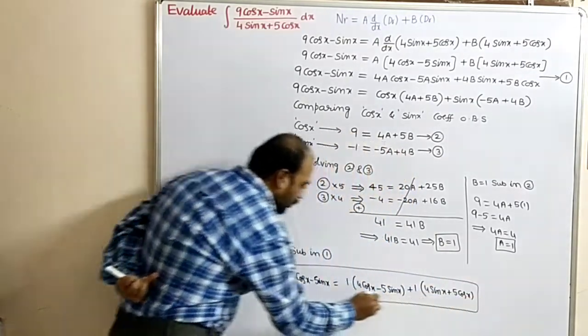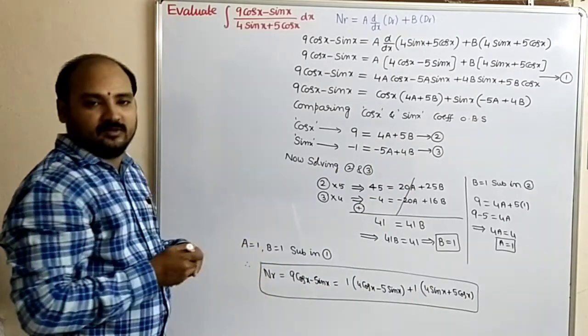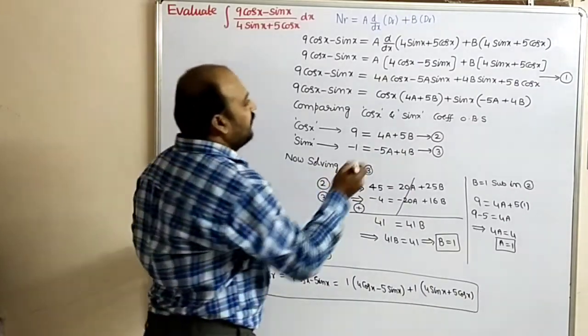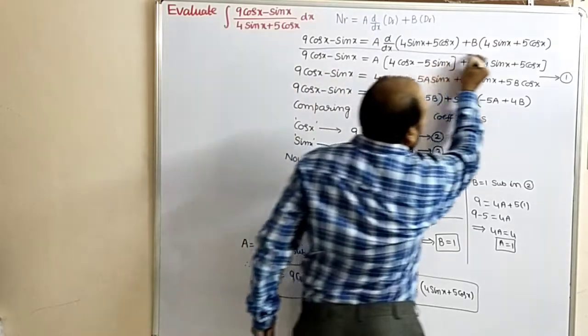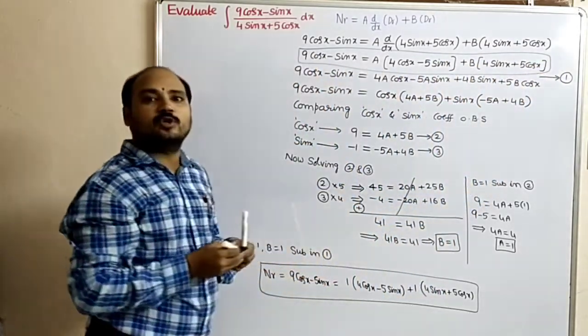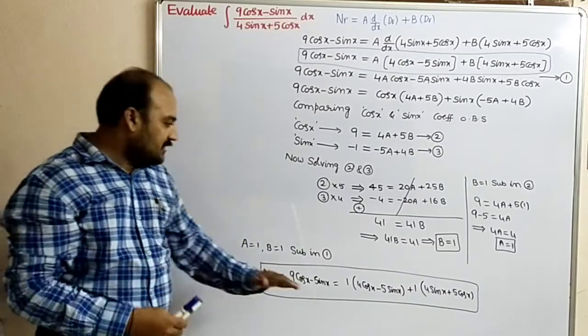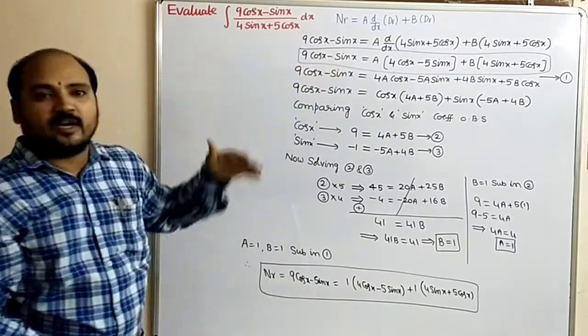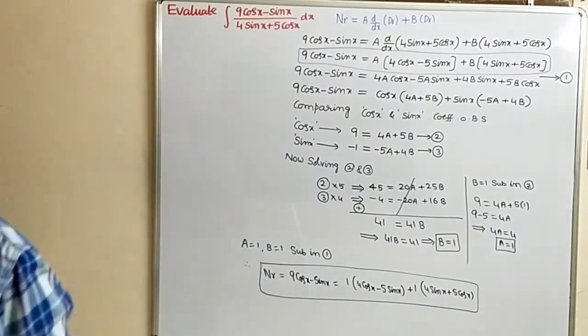This numerator value you have to substitute in the given integral. Equation 1 also, put it in a box after the differentiation step. You remember that. Now this value we are going to substitute in the numerator and then integrate.